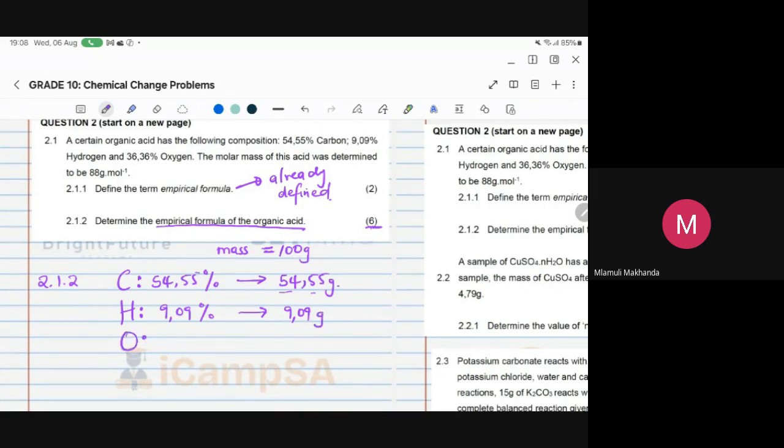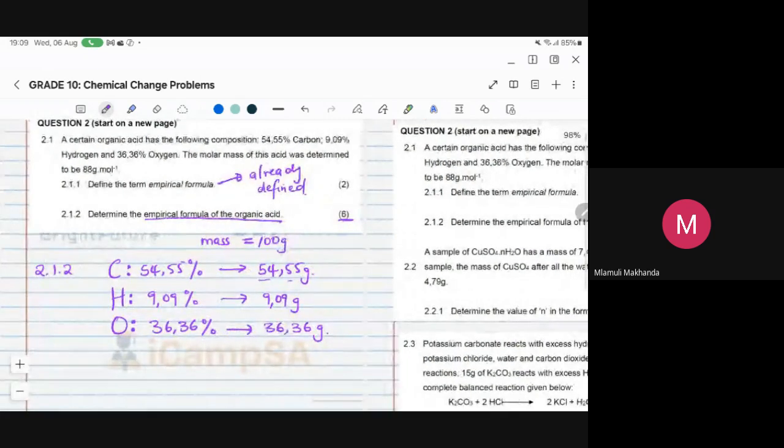That's where this whole thing of taking the percentages as they are and moving them to the masses comes from. So this is 36.36 gram.